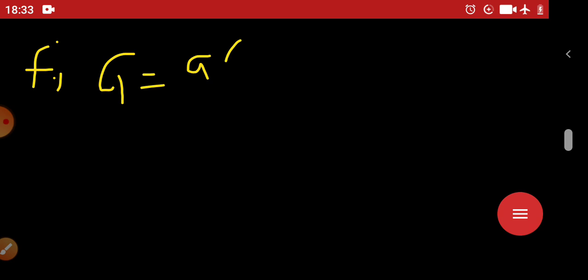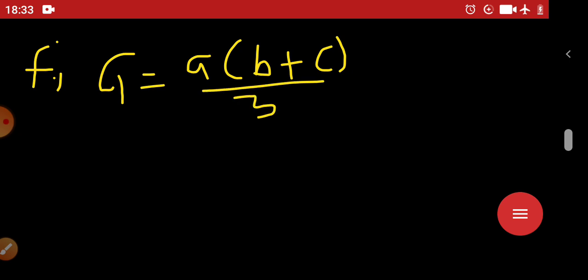In f we have g is equal to a, and then a, b plus c, all divided by 3. We're required to make c the subject of the formula.